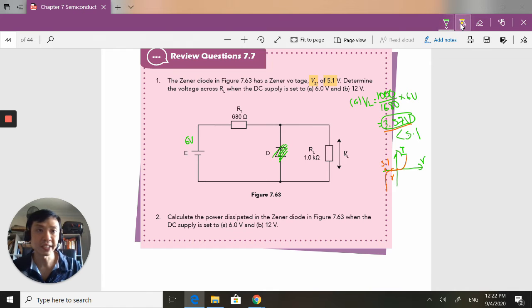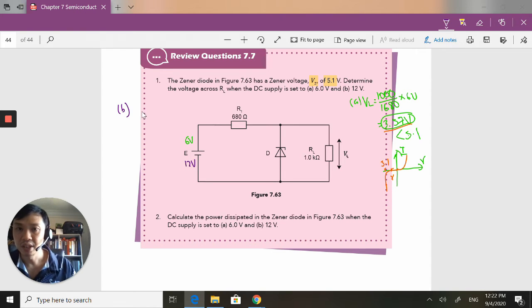But let's take a look at what happens for part B. What happens when the supply is now 12 volts?